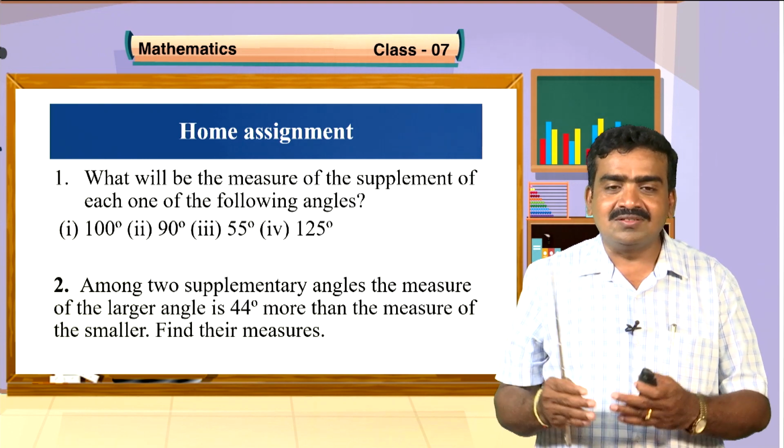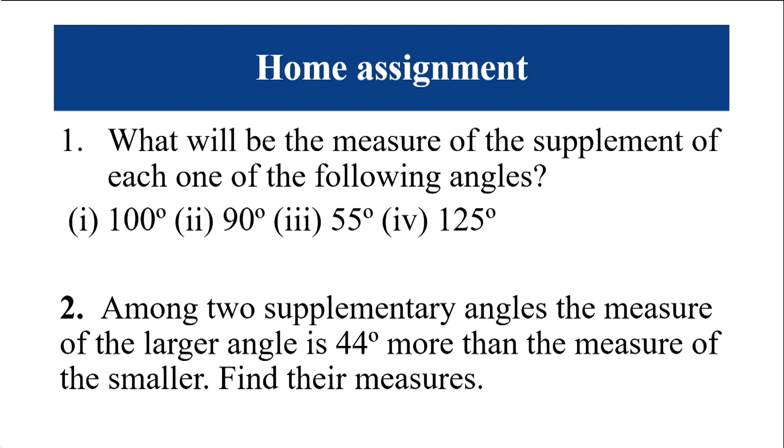Please write down these questions in your book, get the answers and show them to your teachers. The first question is: what will be the measure of the supplement of each one of the following angles?